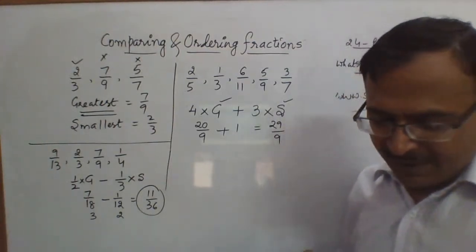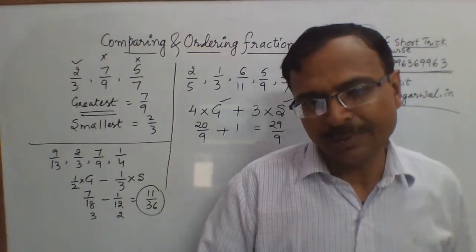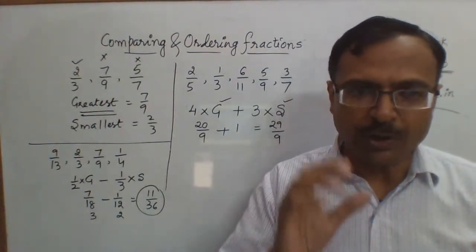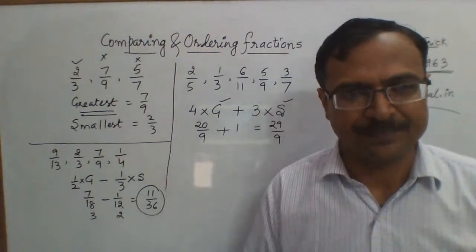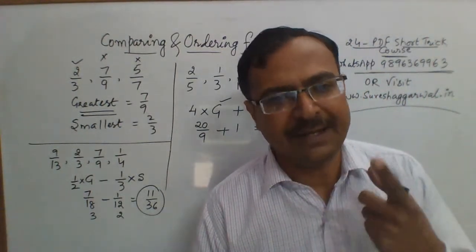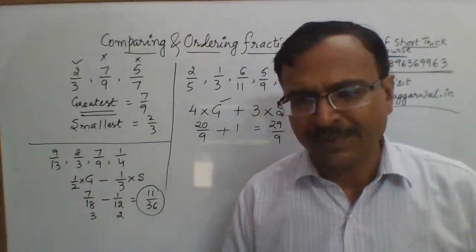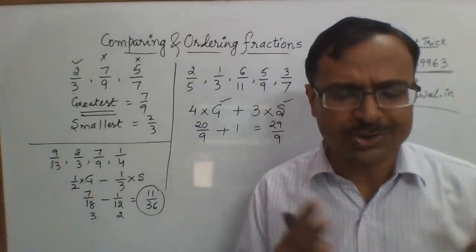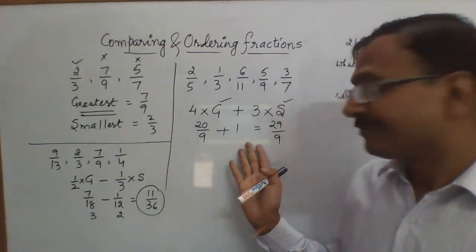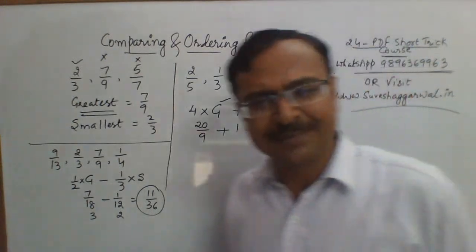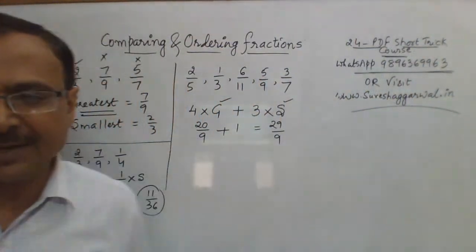Because our teachers in the school are bound by the traditional methods. They have to award marks for steps. But if you are competing for performing well in multiple choice questions, you have to come out of the traditional approach. Where was the calculation in this? There was no calculation, friends. And we got the answer very easily.